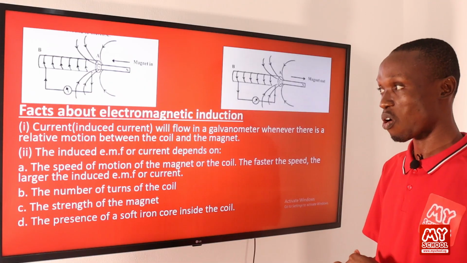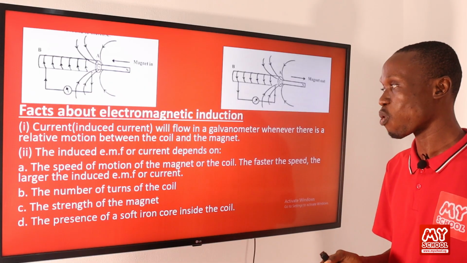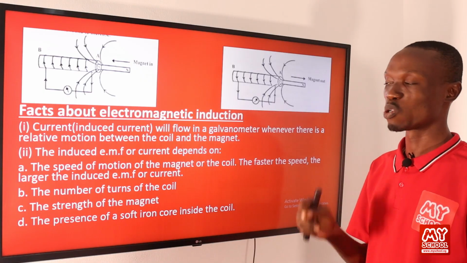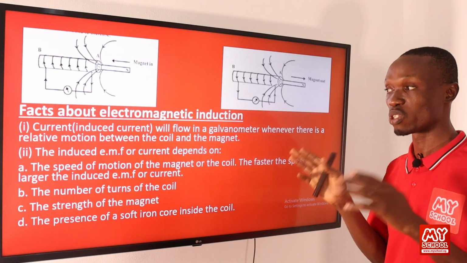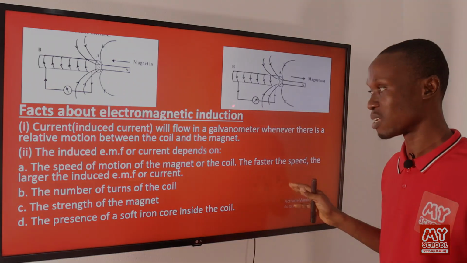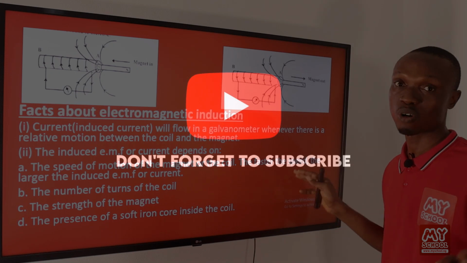One of them is that current, that is the induced current, will flow in a galvanometer whenever there is a relative motion between the coil and the magnet. Like we said in the previous slide, when there is no movement between the coil and the magnet, then the galvanometer will not deflect.